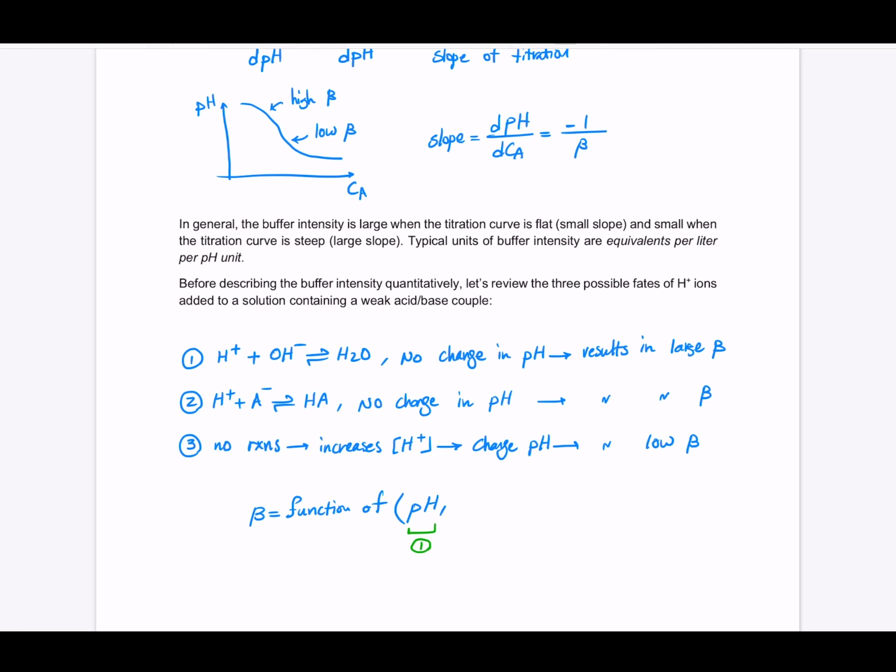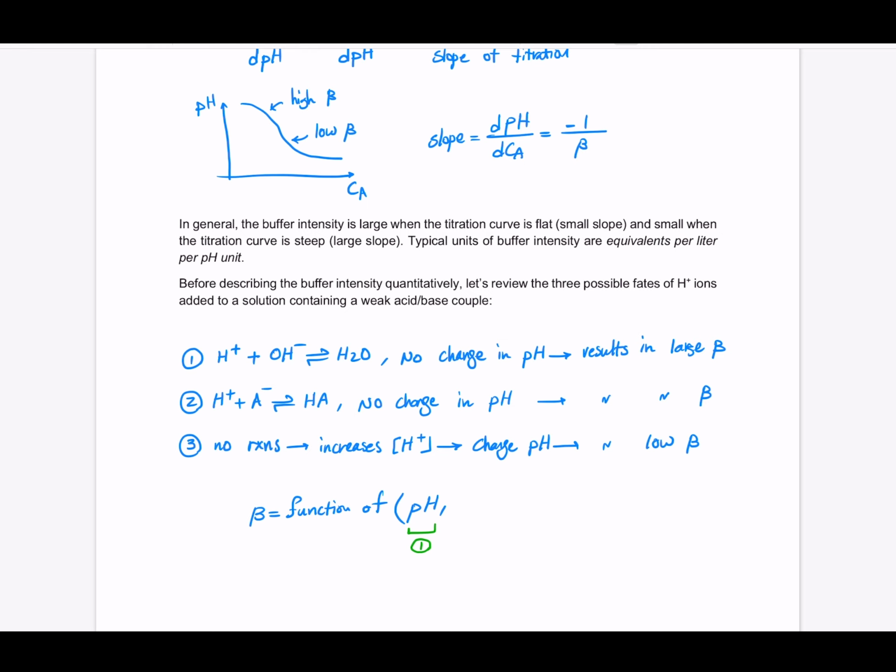What about reaction 2? How does that impact? Can we say if we have more of a weak acid, it contributes more because you have more A minus to protonate, right?